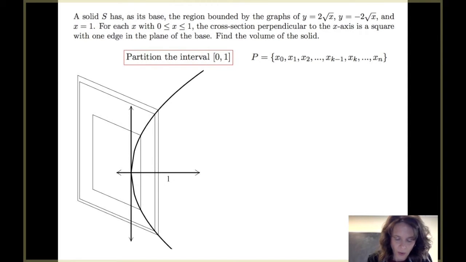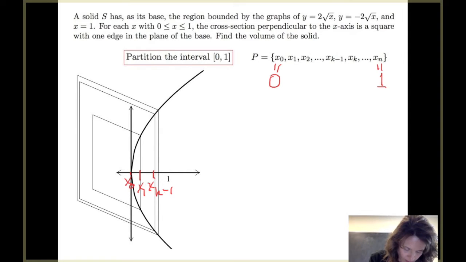And as you recall, with a partition, this leftmost endpoint is always our x sub 0, our initial partition point, and the last point of the partition is always the right endpoint. Okay. And if I note that here in the diagram, I would have x sub 0. This might be x sub 1 up through x sub k minus 1, and this would be x sub k.